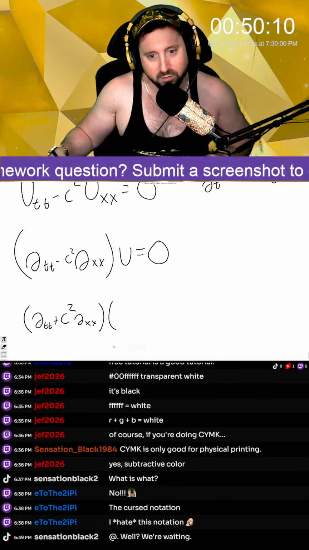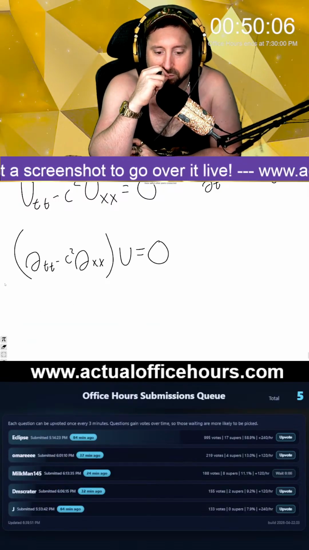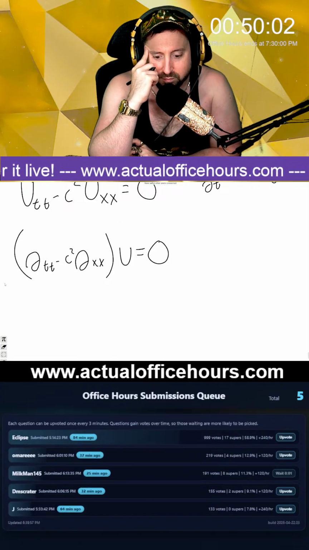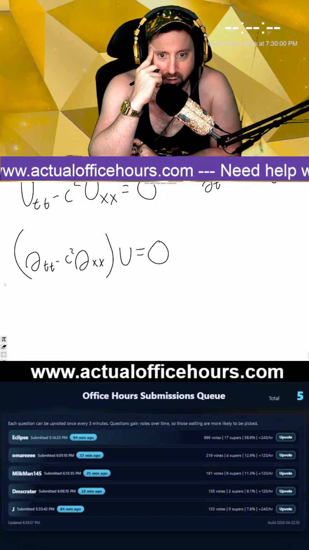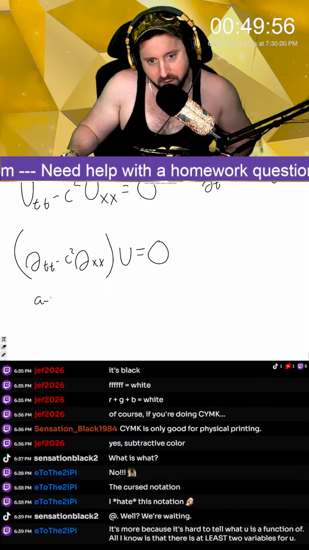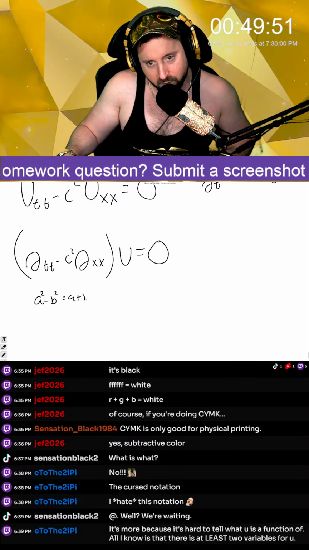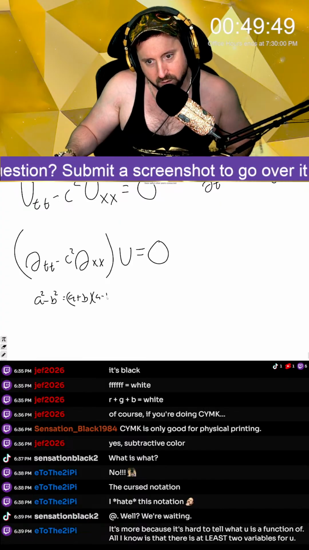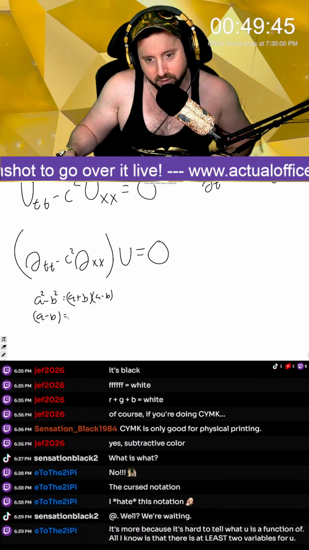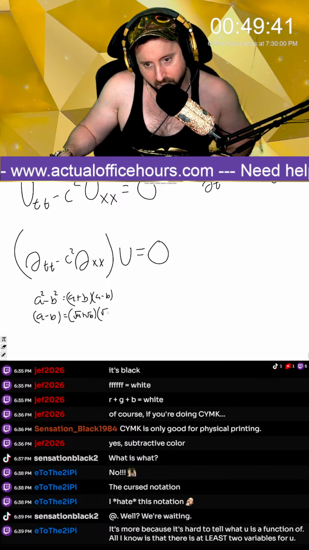Imagine our del_tt minus c squared del_xx was just like a difference of perfect squares. We could just factor it. If this was a squared minus b squared, this would be a plus b times a minus b. So if I have a minus b, I can also write that as the square root of a plus the square root of b times the square root of a minus the square root of b.